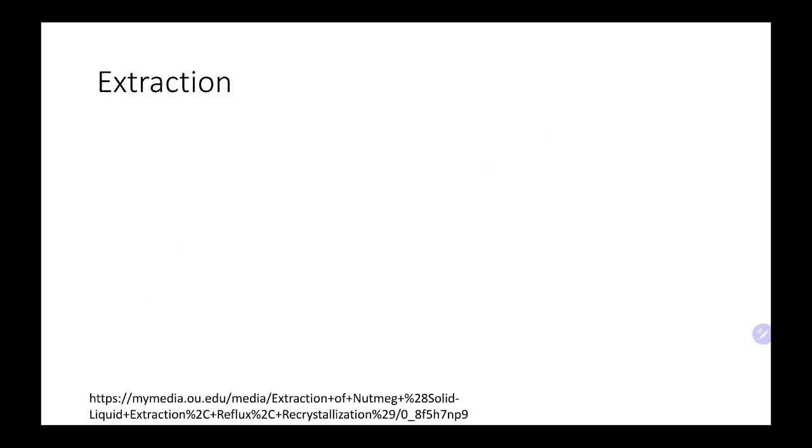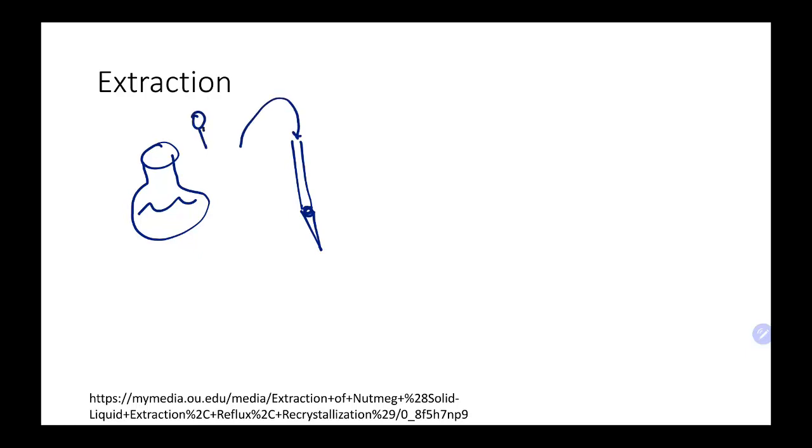So in your extraction, you are going to be taking your filtrate from your bottom flask after it cools down, and you're going to be filtering it through a pipette that has some cotton in there. So you're going to take a plastic pipette and you're going to pipette out the liquid as best as you can and filter that out, because there are other things that are also in that extract.